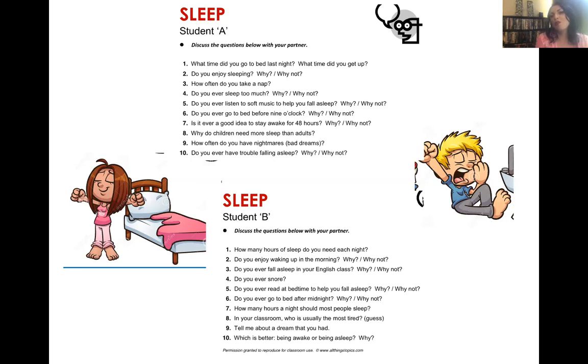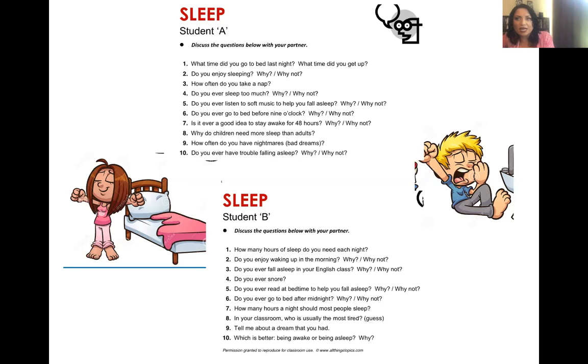Teacher Melody, why do children need more sleep than adults? Well, small children need a lot of sleep because they are still growing. Older children need a lot of sleep because they are constantly moving. And teenagers need more sleep because they are growing again.